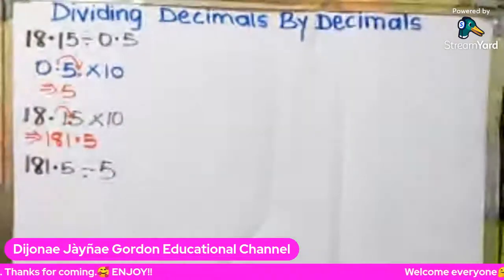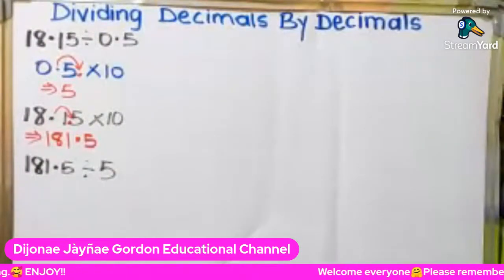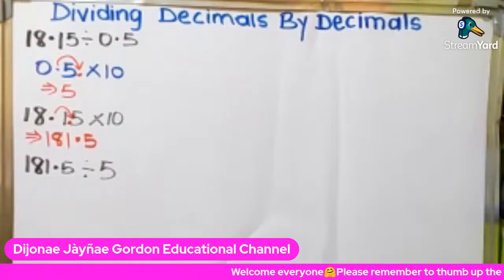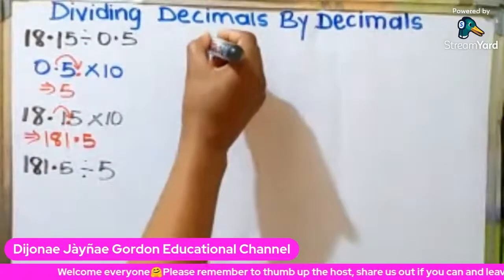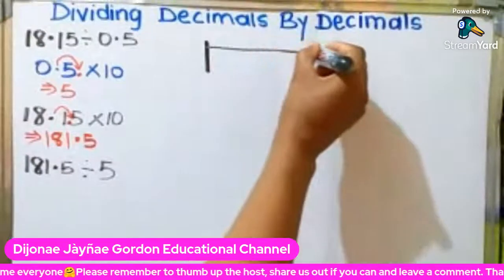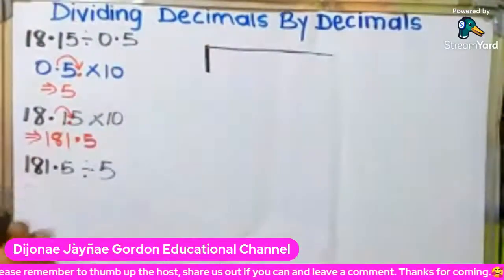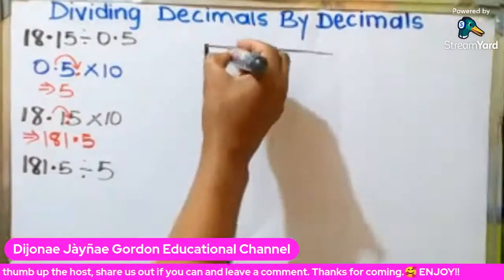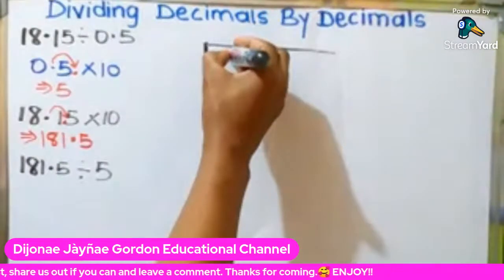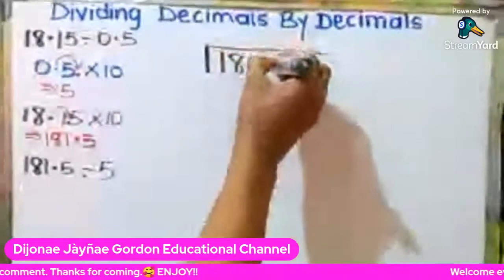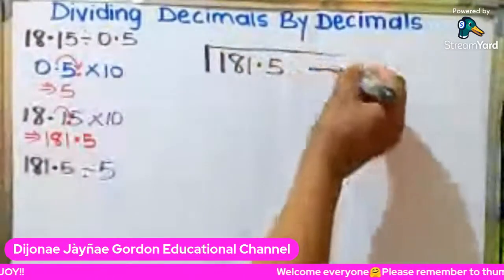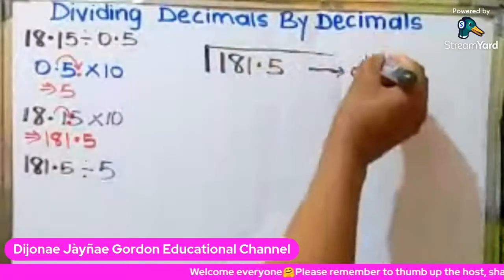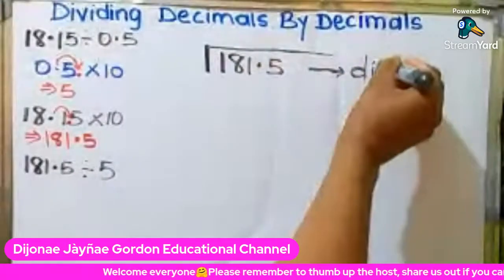Look carefully at what I am doing. All right, so remember now, our dividend is 181.5. And of course, let me write the word dividend so you know what I'm talking about.